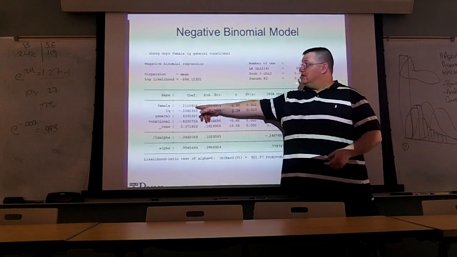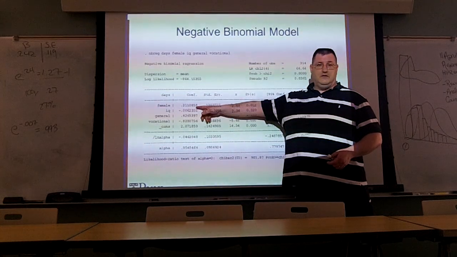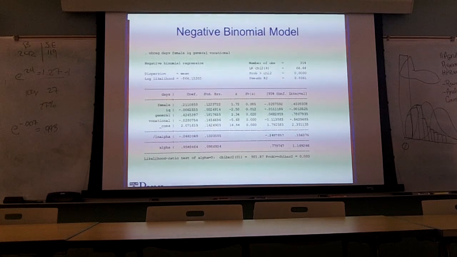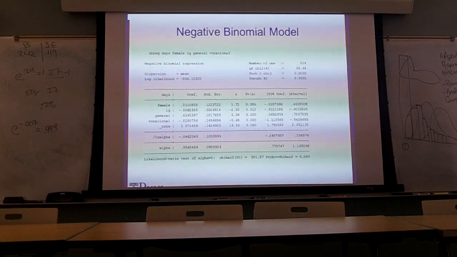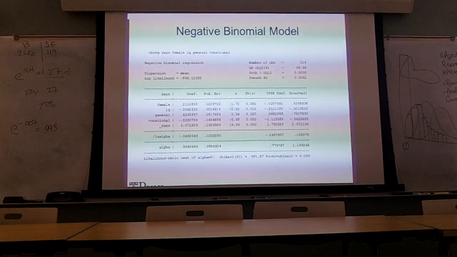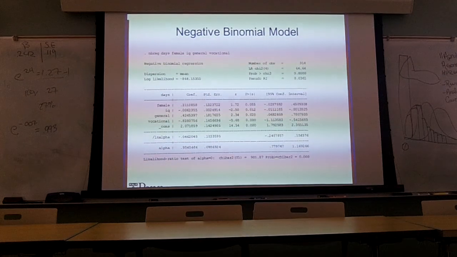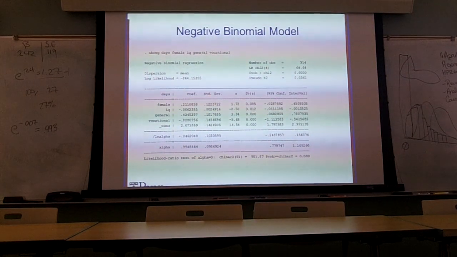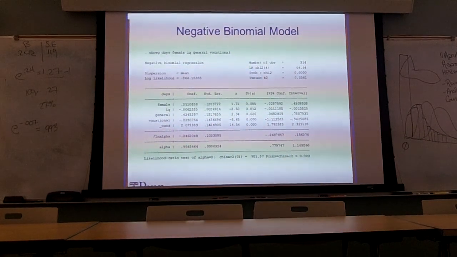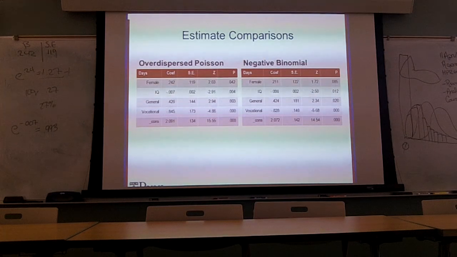Notice what happens to the coefficient for female. It went down, a little bit smaller. What about the standard errors? A little bit bigger. So this model probably fits the data a little better, because now we're taking into account that over-dispersion. We're allowing that extra variance in the model.